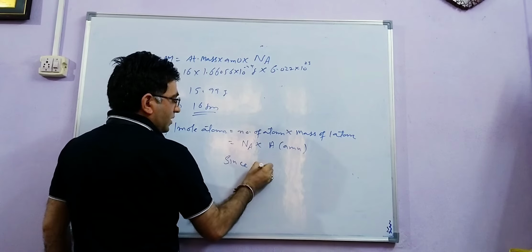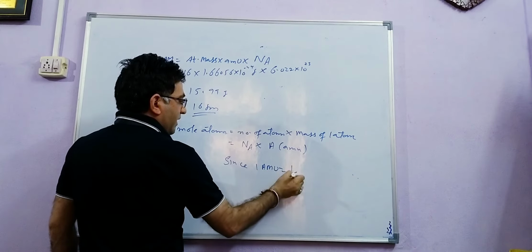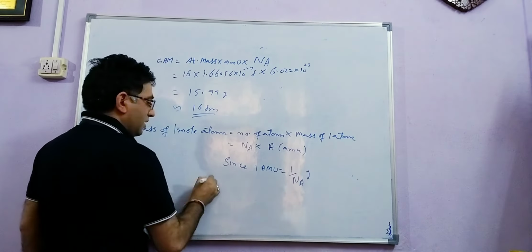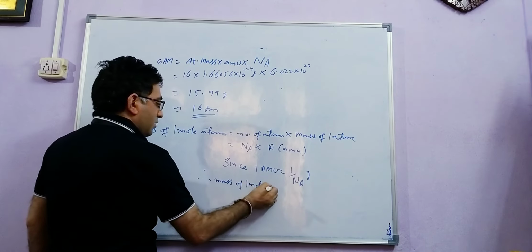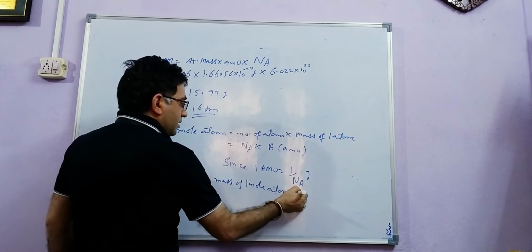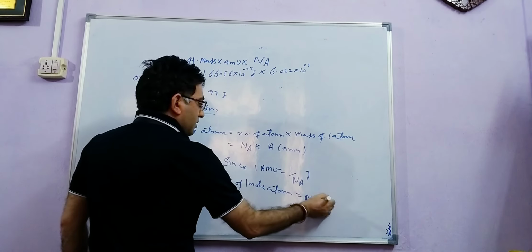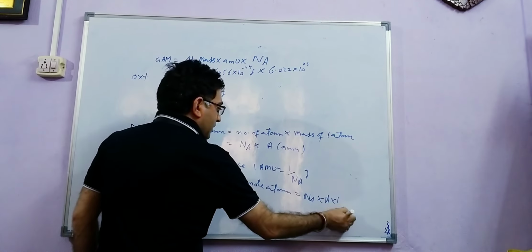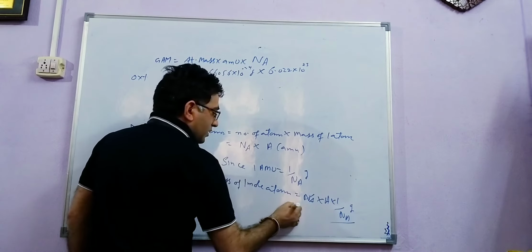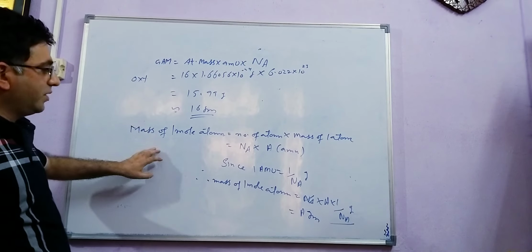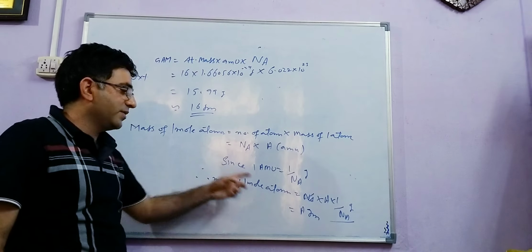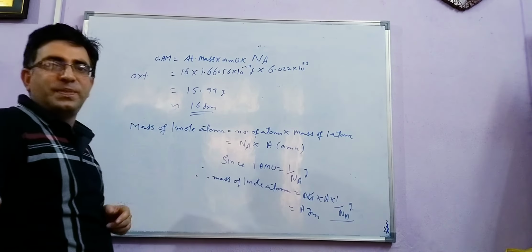Since we know 1 AMU equal to 1 by Na gram, therefore mass of 1 mole of atoms equal to Na into A into 1 by Na gram, we get A gram. This is how we can say whenever we are talking of mass of 1 mole of atoms, it's always in grams.